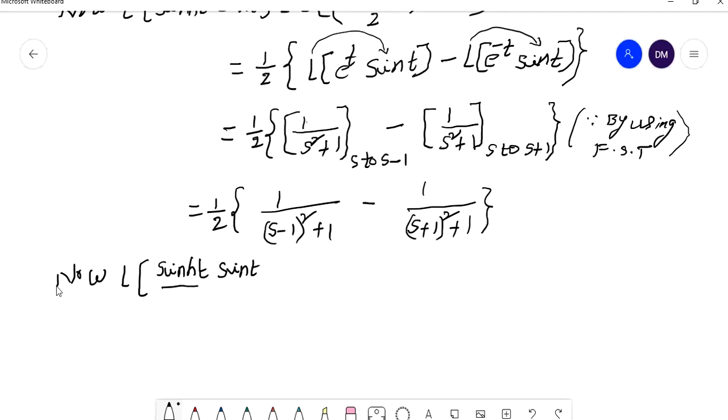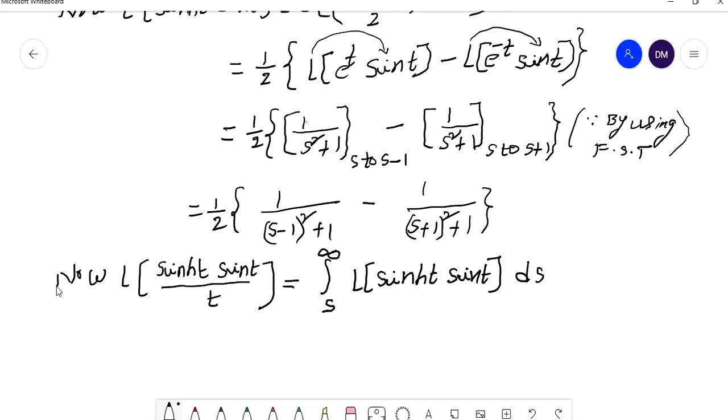This is in the form of L of f of t by t, so by using the division by t property, we can write integral s to infinity f bar of s ds. F bar of s means L of f of t, which here is L of sinh t into sin t.